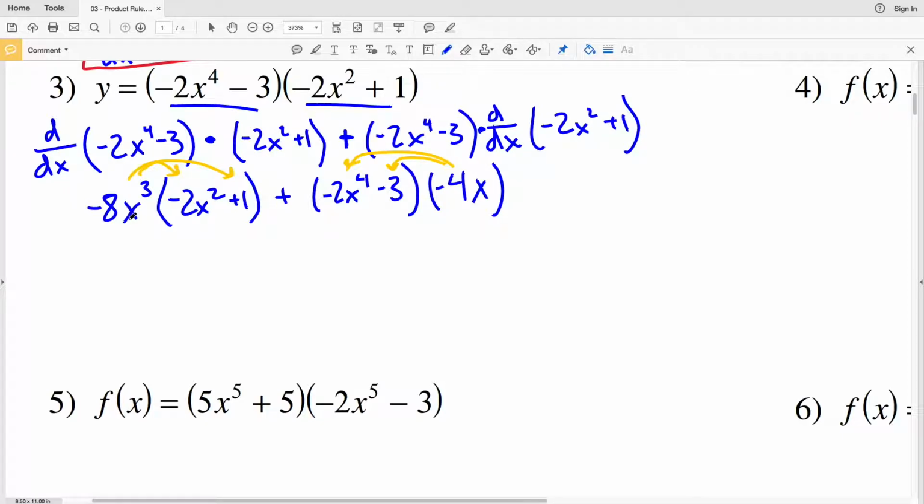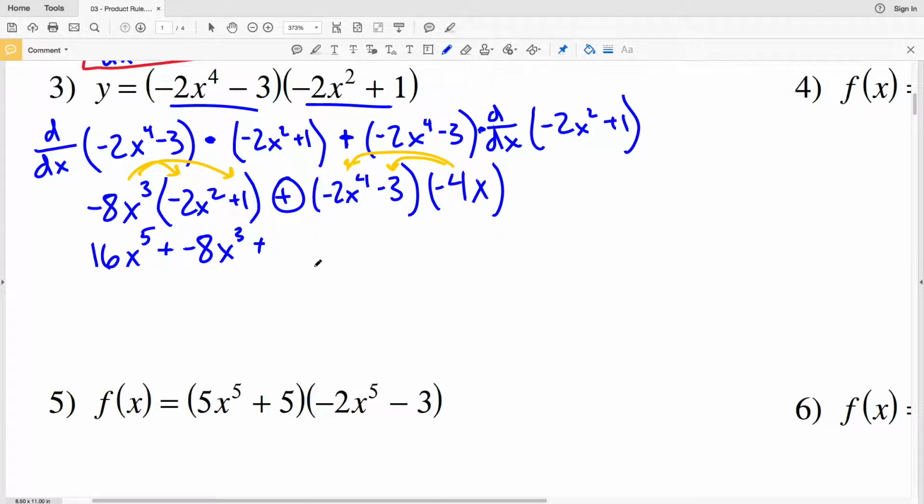So negative 8x cubed times negative 2x squared. Negative 8 times negative 2 is a positive 16, and x cubed times x squared will be x to the 3 plus 2, which is x to the 5th. And that will get added to negative 8x cubed times 1.